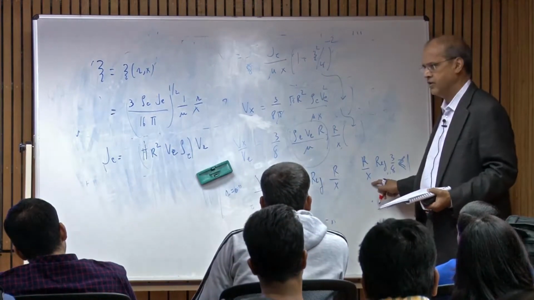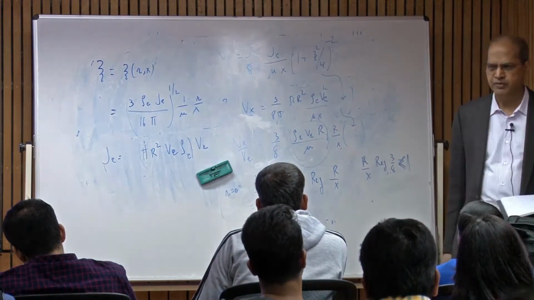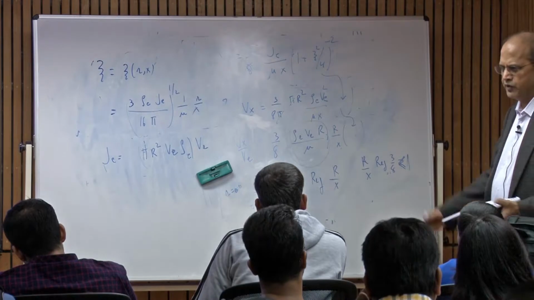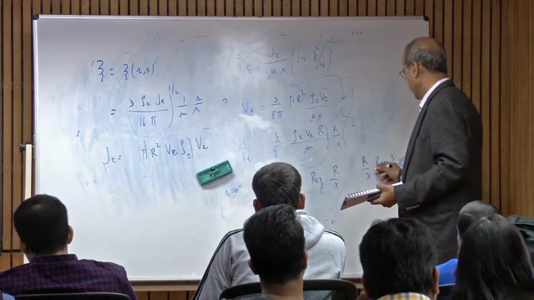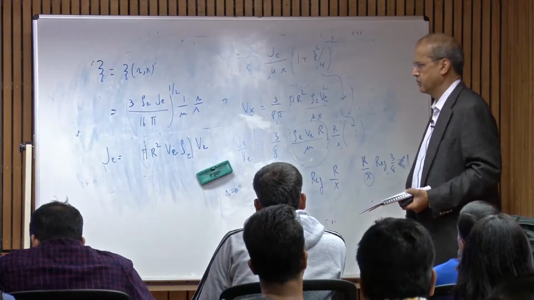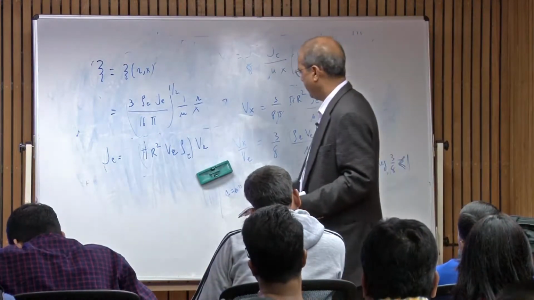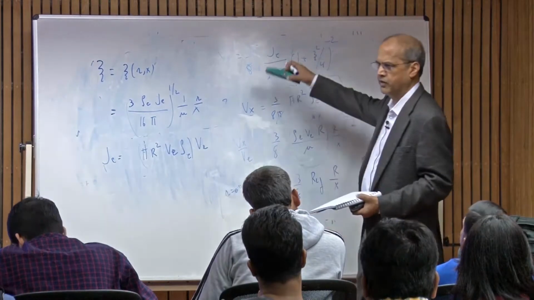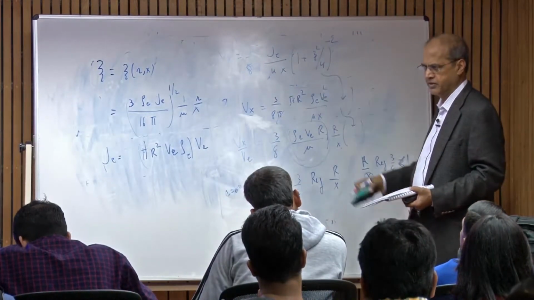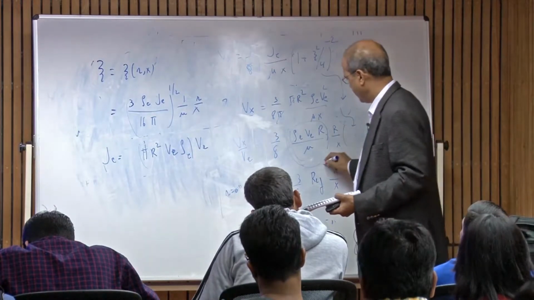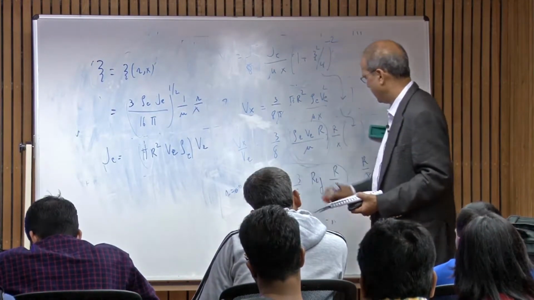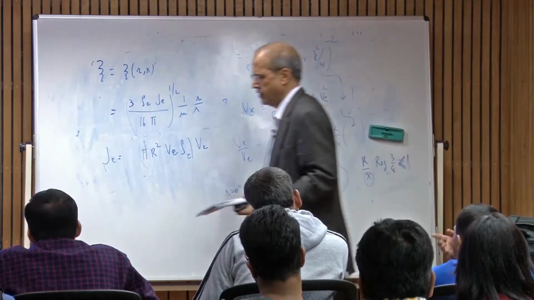That gives the condition that x has to be greater than that value. So for the initial length, it is not valid. This puts a condition for the solution in terms of x. But anyway, we are only worried about large values of x, so we can use this solution. This gives the value along the center line.